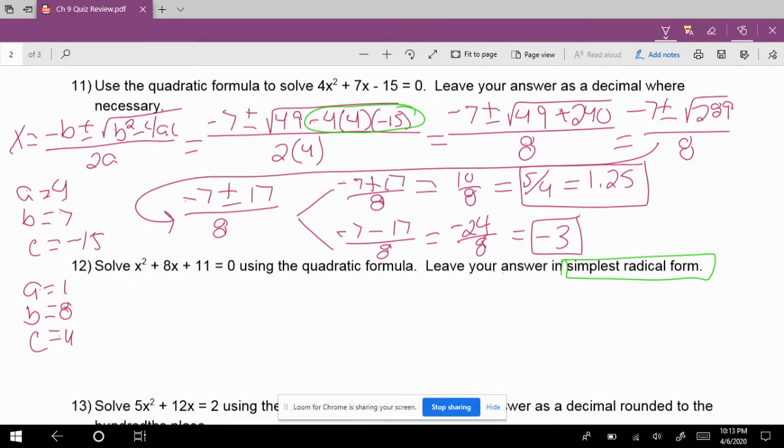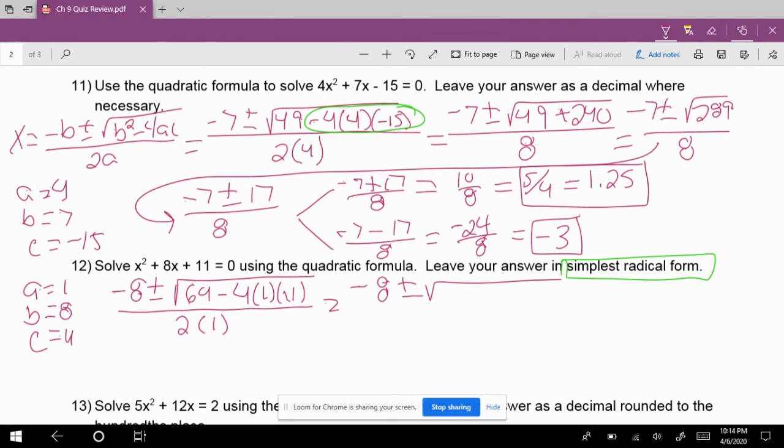So following my formula, the opposite of B is negative 8 plus or minus square root of B squared. 8 squared is 64 minus 4 times A, which is 1, times C, which is 11, all over 2 times A. So this is negative 8 plus or minus the square root of 64.